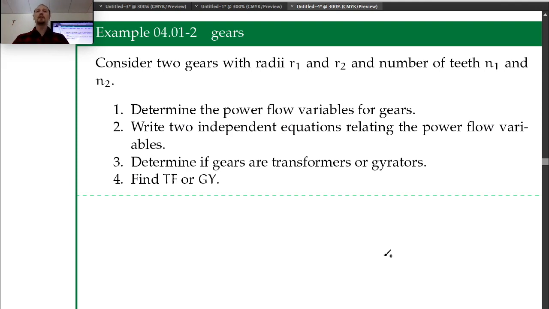Consider two gears with radii R1 and R2 and number of teeth N1 and N2. And I know you guys haven't taken machine design yet. That's next semester. So you guys are going to talk a lot more about gears, and there's a lot to discuss. Way more than you would think. Gears are really, really cool and very complex, actually.